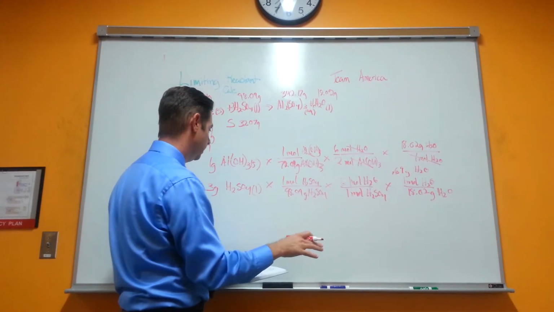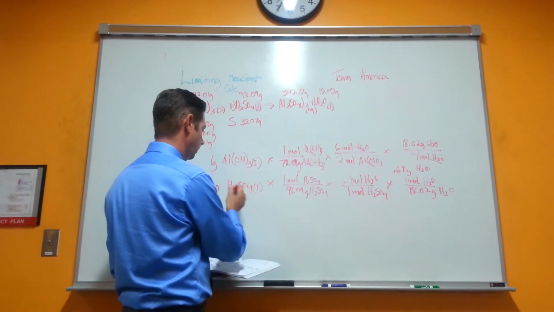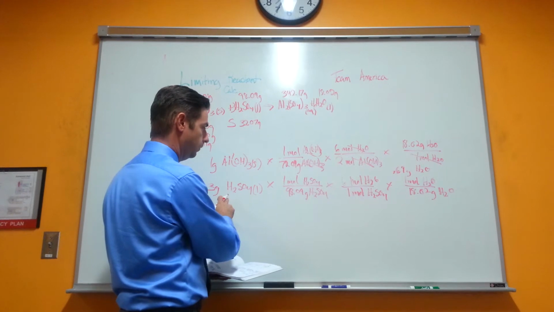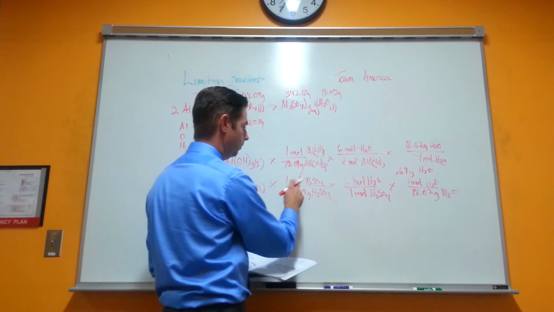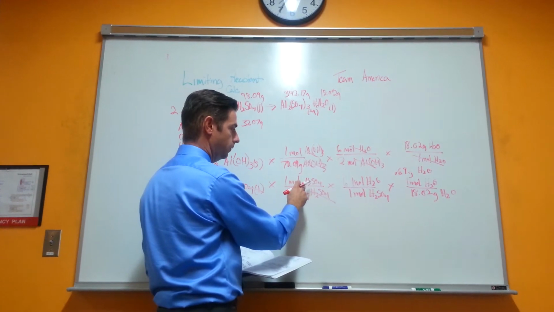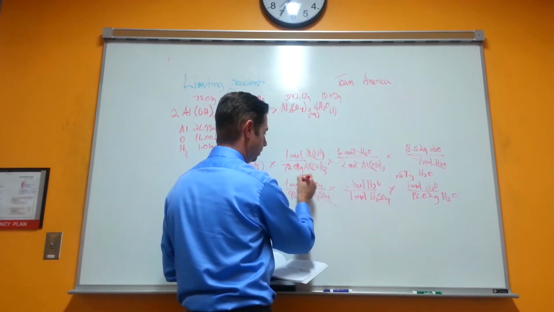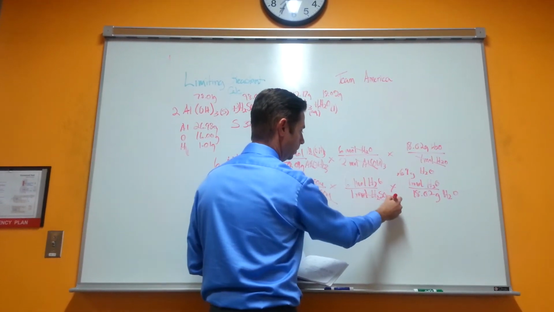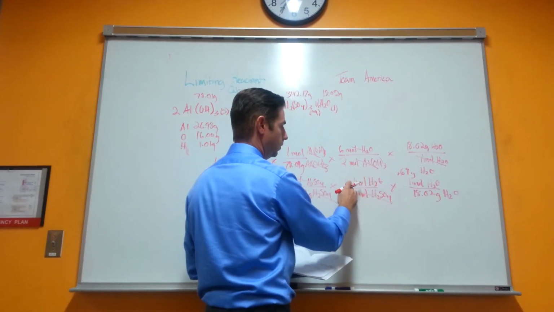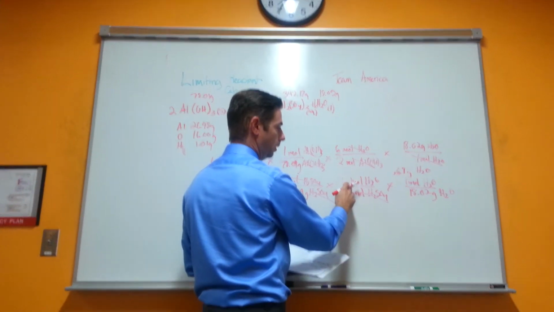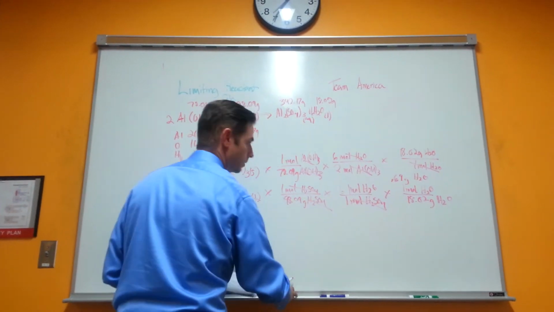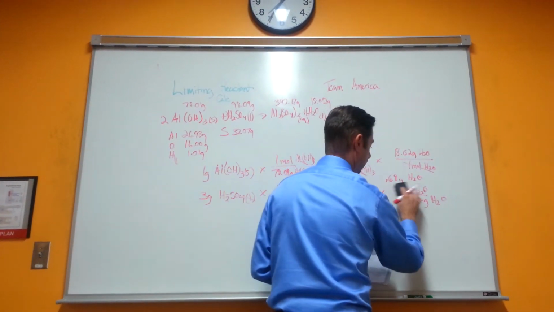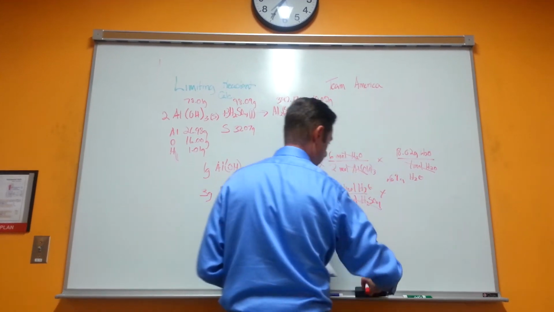Okay, so if we then multiply 3 grams, sorry, we've got to eliminate here, right? So we know that we have 3 grams of H2SO4, so gram eliminates gram, right? We have 1 mole of H2SO4 and 1 mole here, so mole eliminates mole, right? And then we have 6 moles of H2O. Oh, I actually wrote that backwards. So we're going to flip that on its head because we need to be able to eliminate.